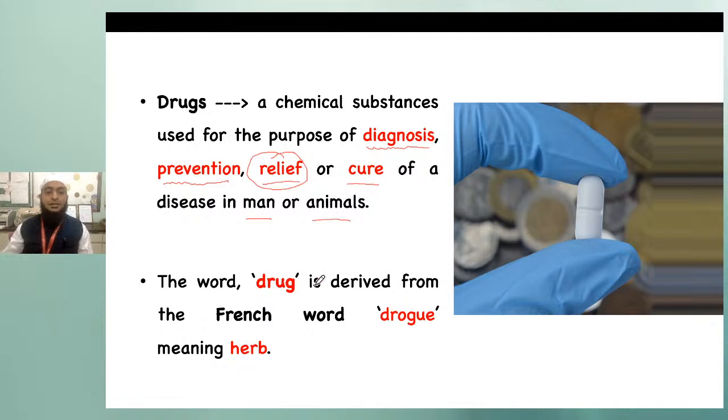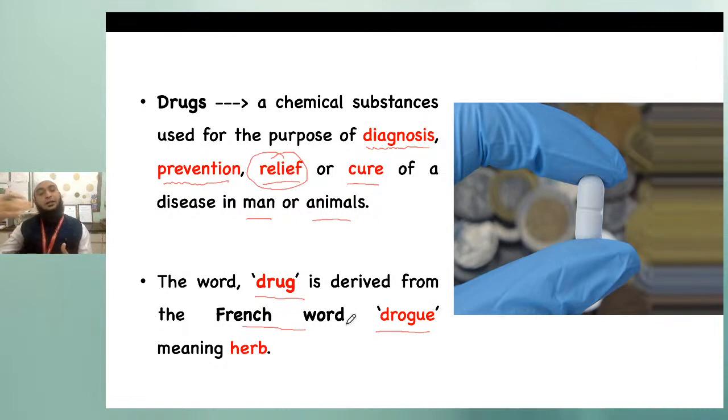The word drug is derived from the French word drogue. What is drogue? Drogue means herb. Why is it called herb in the French word? Because if we go back into history, there were no tablets, no capsules, and no syrups available. Treatment was usually done with the help of different types of herbs.